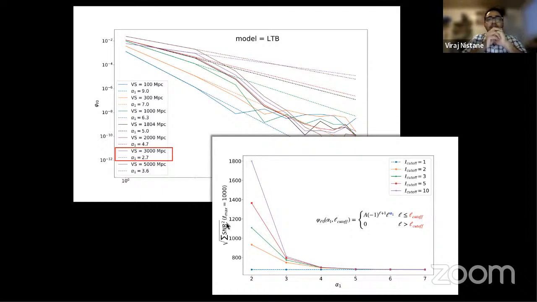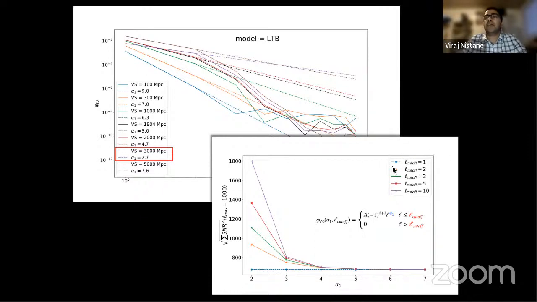We have plotted this cumulative signal to noise up to some values of L max, around 3000 or so, and we take a middle value, which is 1000. On the x-axis, we see how this signal to noise depends on the slope of the phi L0 function, that is the alpha 1. And finally, we have the third parameter here, L cutoff.